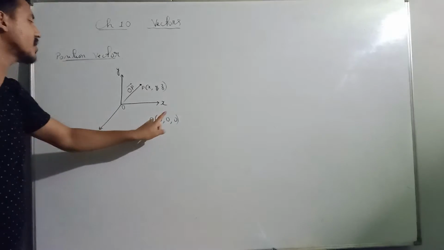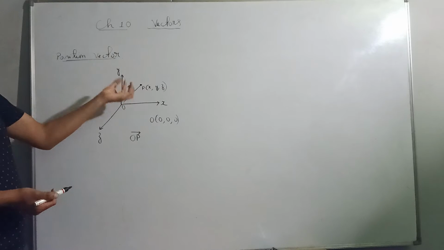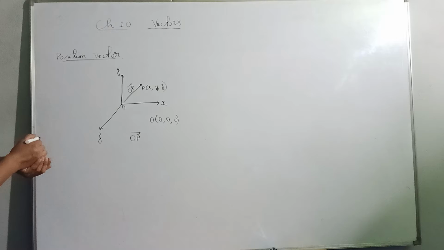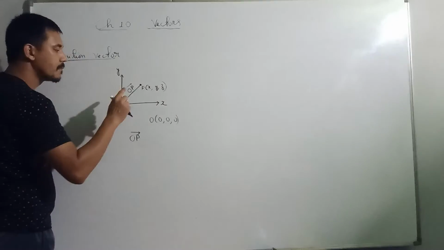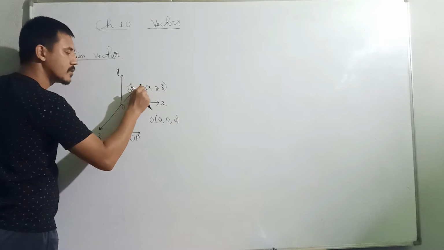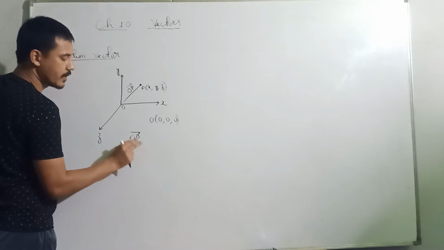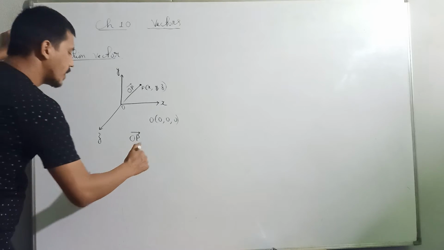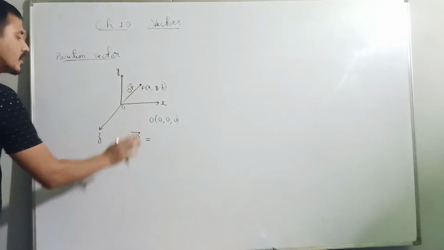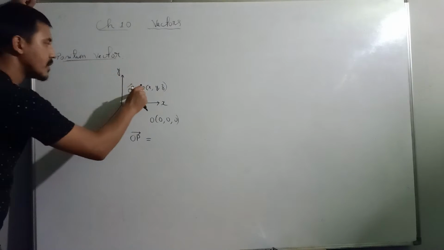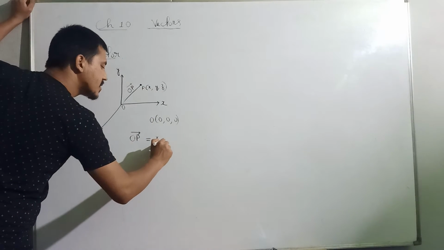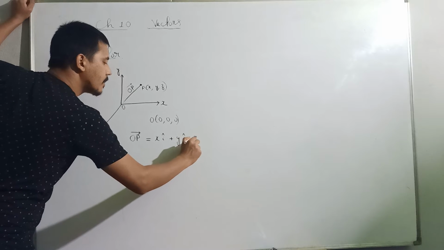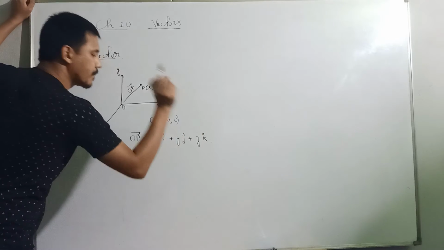And the particular point P that you have chosen, with coordinate x, y, z, is your terminal position. So the position vector of P should be represented by vector OP, where O is the initial position and P is the final position. And the position vector of P, denoted by vector OP, should be written as x i cap plus y j cap plus z k cap.